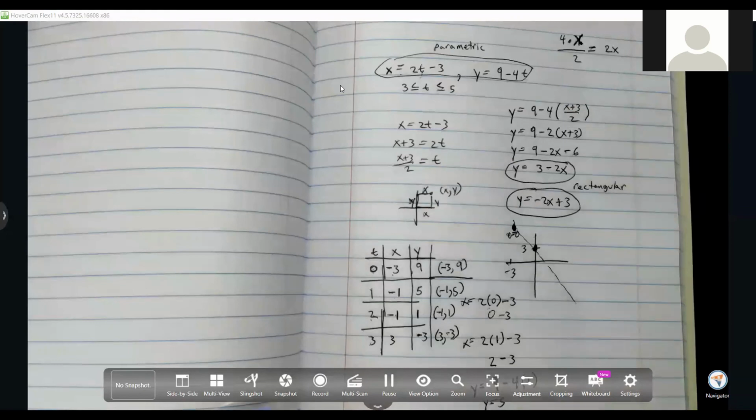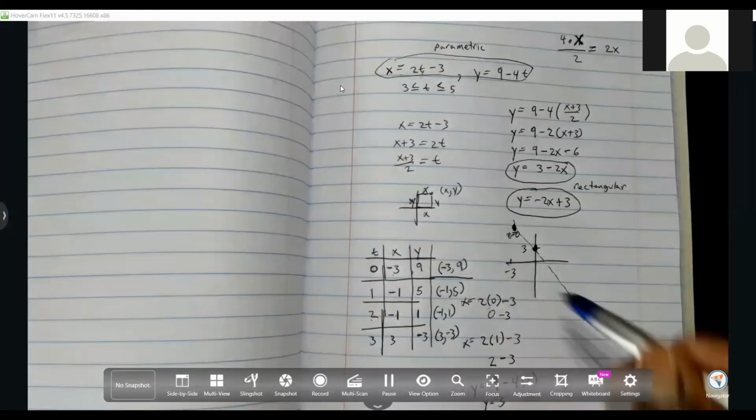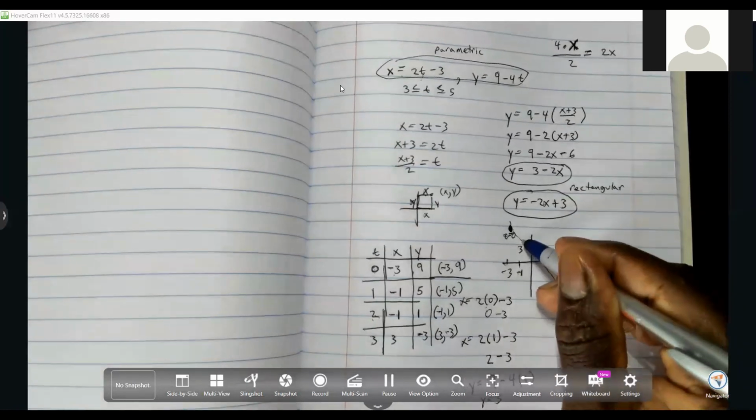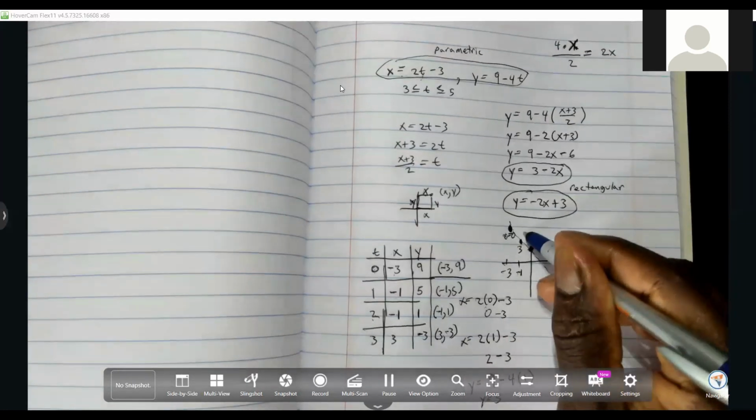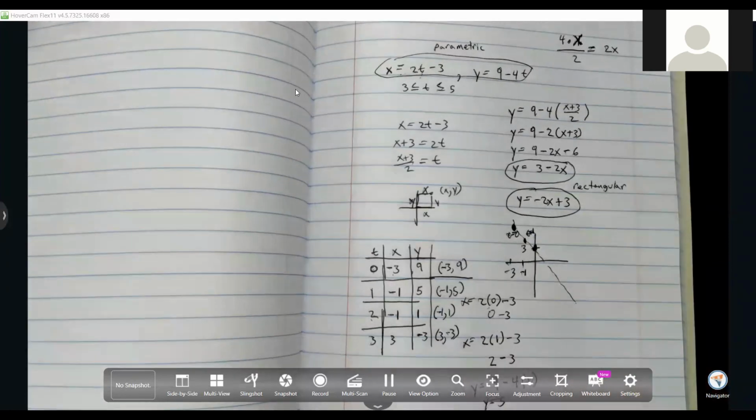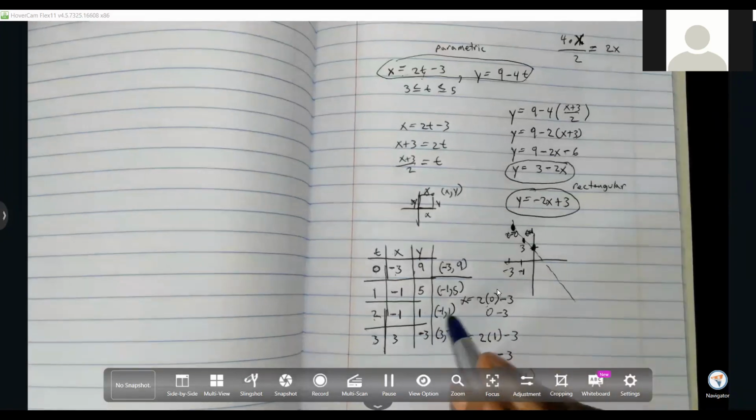The next point would be at -1, 5. So -1 is over here somewhere, and -1, 5 could be here. So this is where the next point is. And then we have -1, 1.